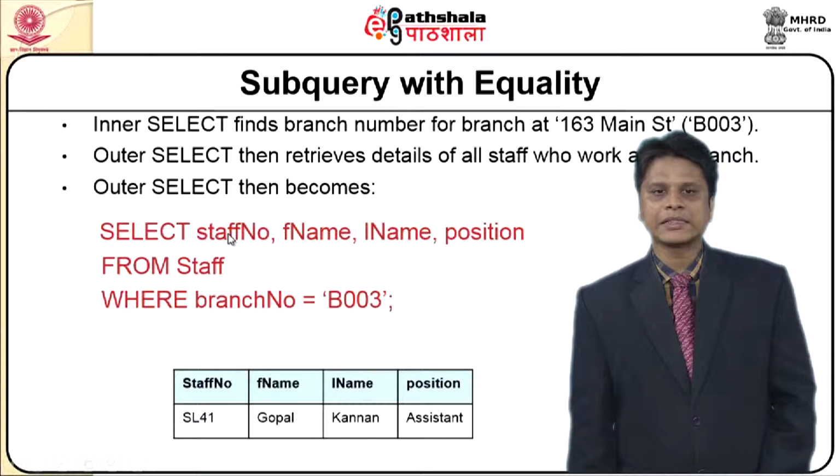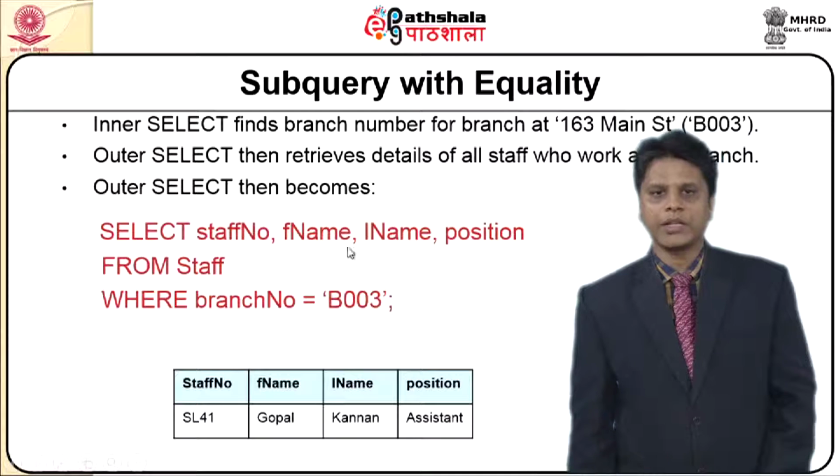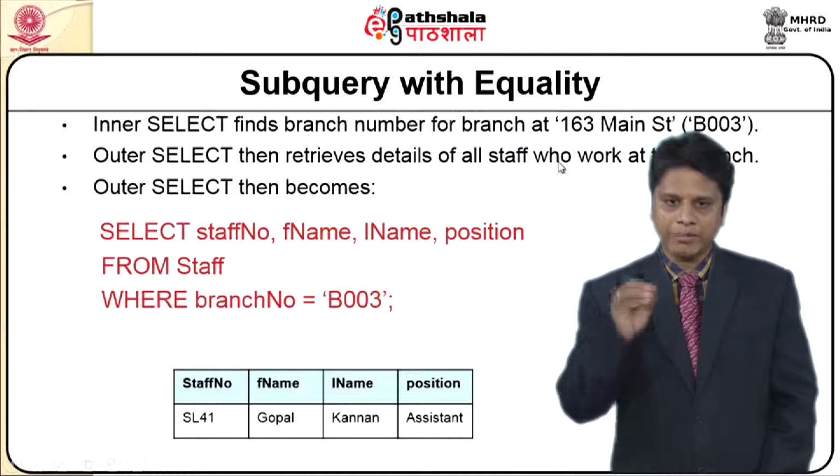Select staff number, first name, last name, position from staff, where branch number is equal to B003 would retrieve one specific value, which is the inner select. Depending on B003, any value will be taken out, but then the outer select gives details of all staff who work at that particular branch.